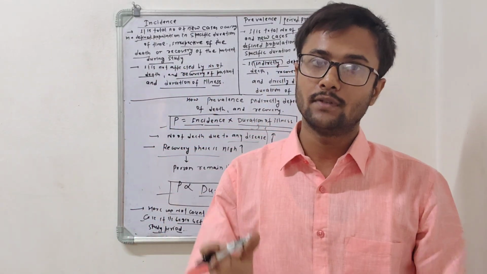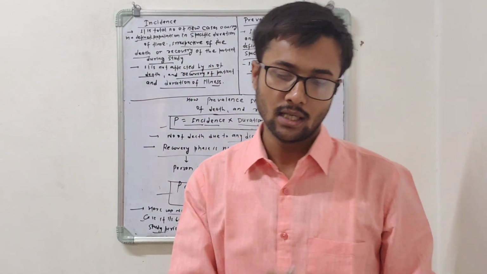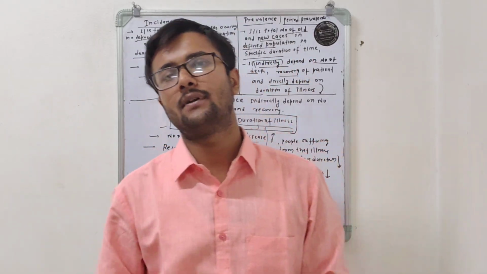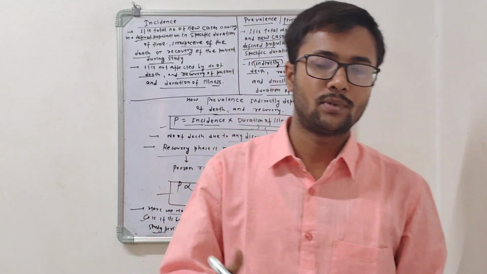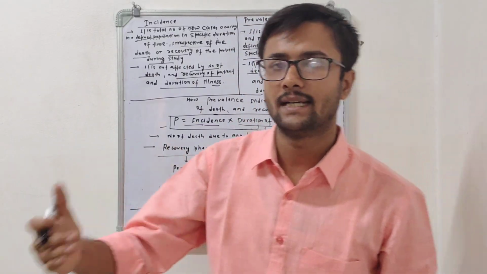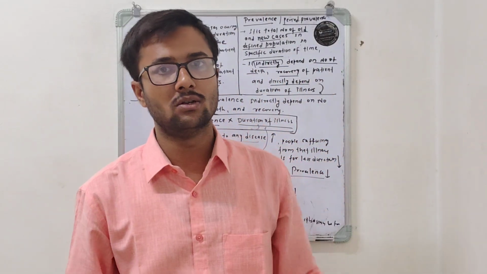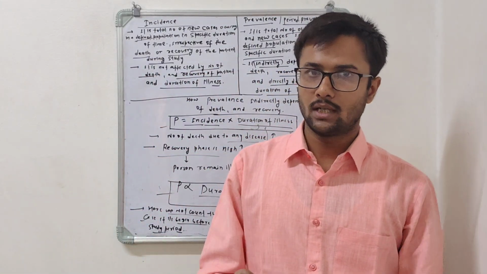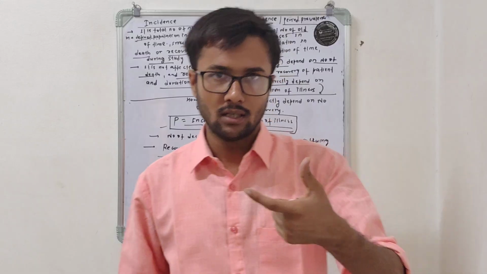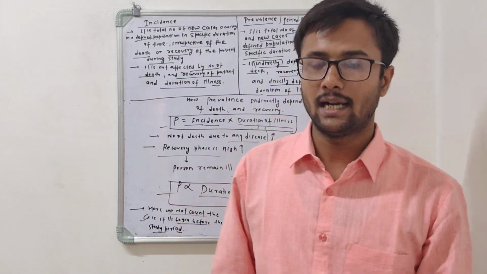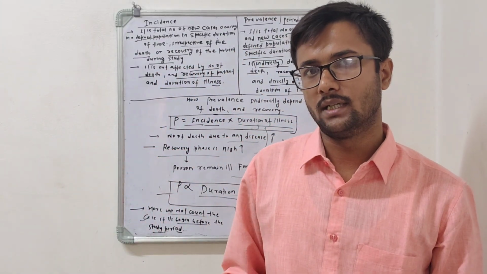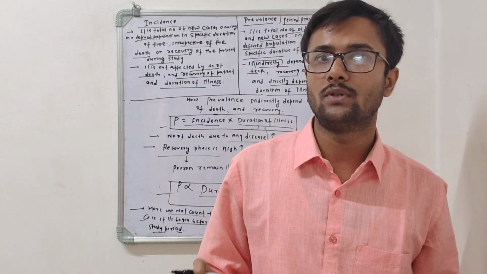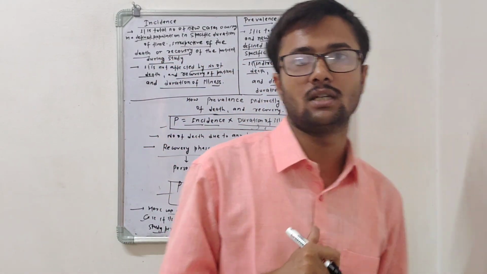In incidence, we only count those cases which start during the study period. After the beginning of the case, it does not matter whether the patient will die or recover. The incidence does not depend on it, but the necessary point is that the disease starts during the study period. If the disease began before the study period, we do not count such a disease under incidence.